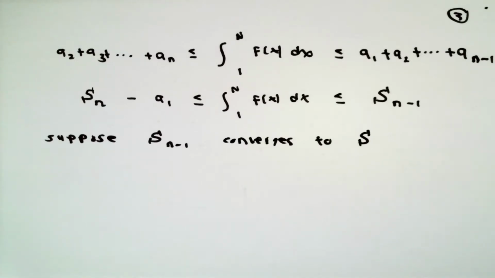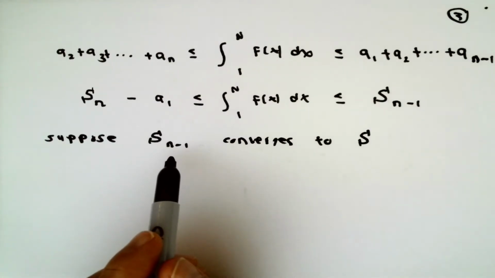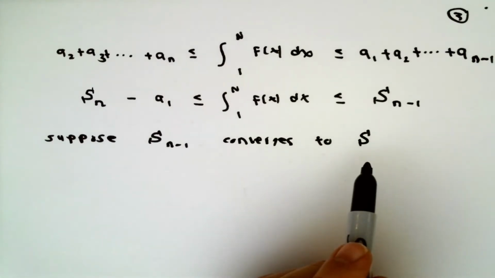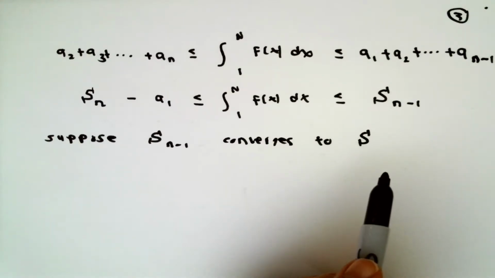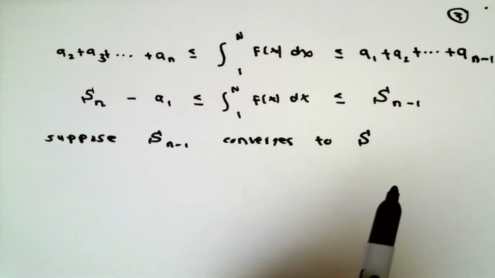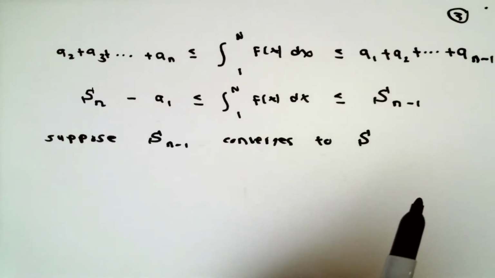Suppose that the infinite series converges to some finite number, capital S. So as I allow the index to become indefinitely large, I get numbers that more and more strongly resemble S. Since all of the a numbers are positive, because the f function is, as I add terms in these partial sums, the partial sums become bigger.